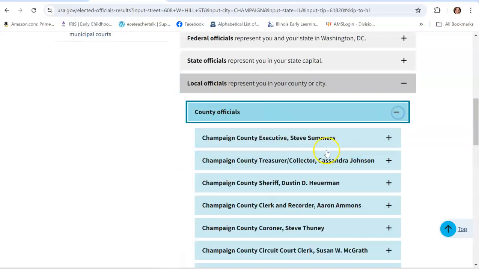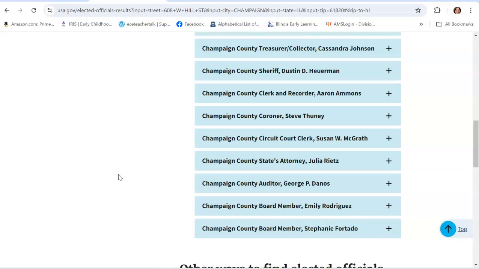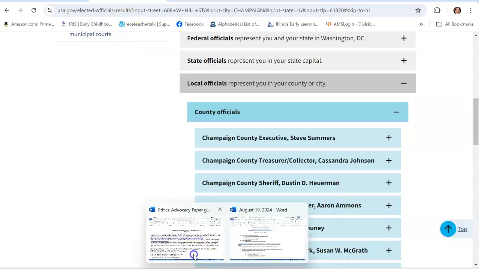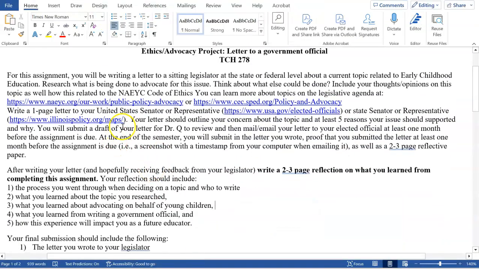For me, if I really had something that I was interested in at the local level, these are my local folks, but I would prefer you stick with either the state or federal folks when you are writing your letters. So that's a little bit about figuring out what topic you want to write about and finding out who you should address your letter to.